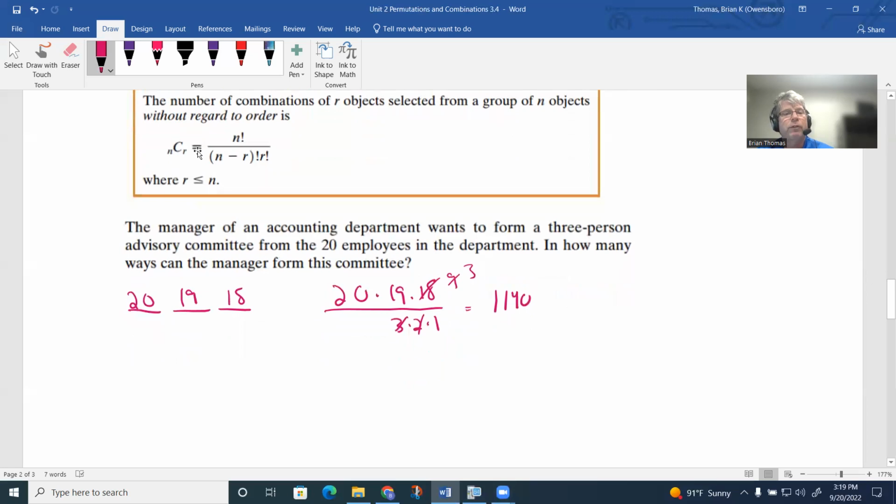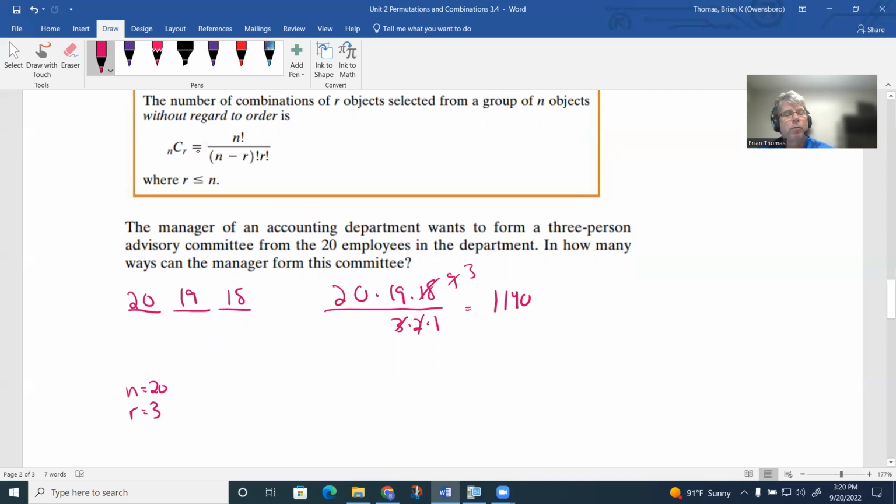Now, if I just want to recognize that it's a combination and use the formula, N would be 20 employees. We're choosing 3 of those employees. What we're trying to do is figure out how many different combinations there are, in other words, without caring about order.